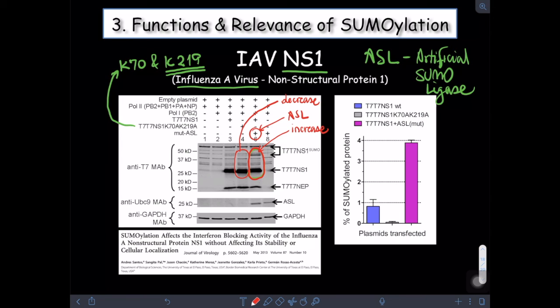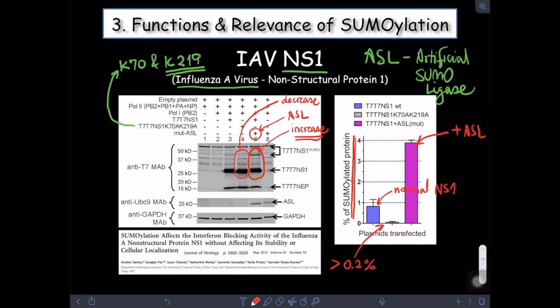Quantitative analysis done by immunoblotting allowed us to determine that the mutant form of NS1 was SUMOylated at less than 0.2%, whereas the normal form of NS1 was SUMOylated up to levels of about 1%, and in the presence of the artificial SUMO ligase, the total SUMOylation for NS1 reached levels of about 4%.